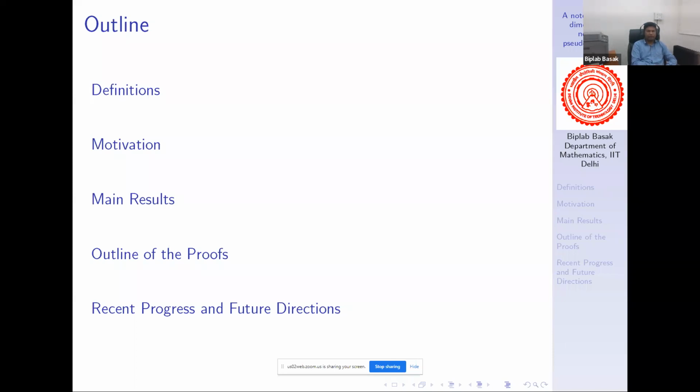And then I talk about the motivation, that is the platform behind this research area. And then I state some main results related to our work. And then we show the outline of the proofs. Basically I shall remove the technical parts of the proof and I will give the outline only. And then I shall show some recent progress and future directions.